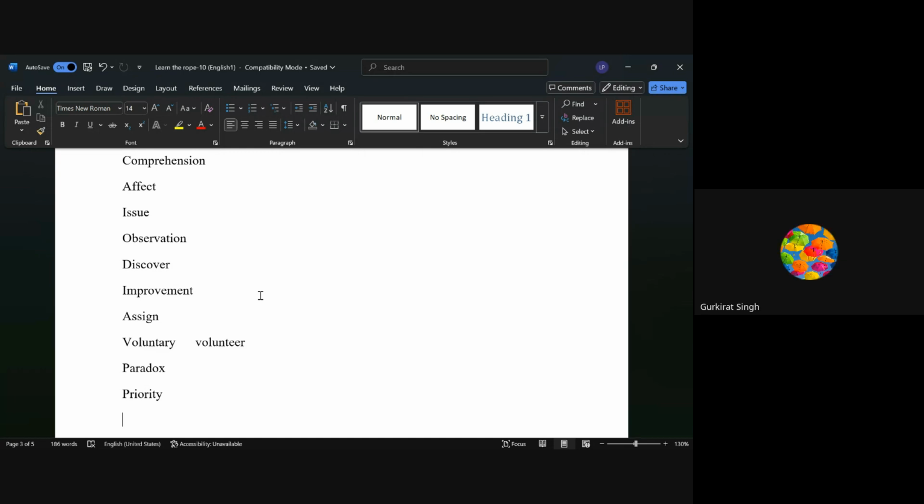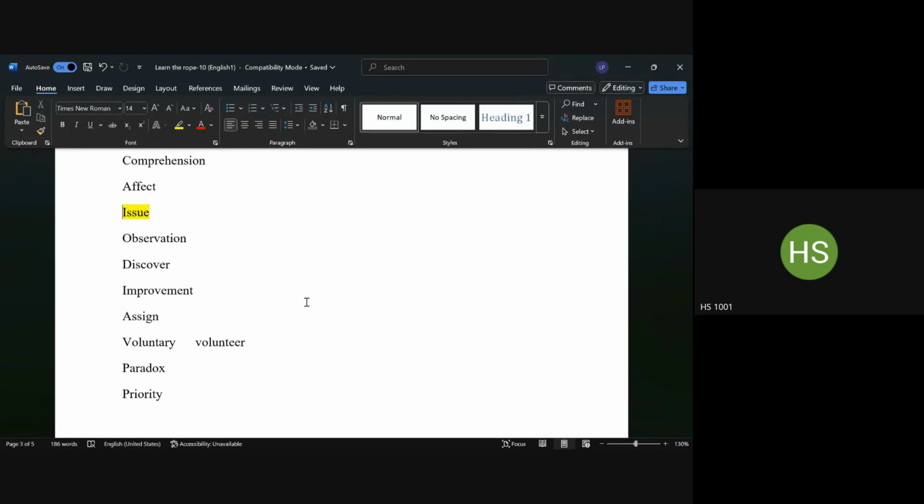And if you use it as a verb, do we change it to the second syllable? No. In this case, no. Issue is a kind of word wherein whether as a verb or a noun, we use it on the first syllable.